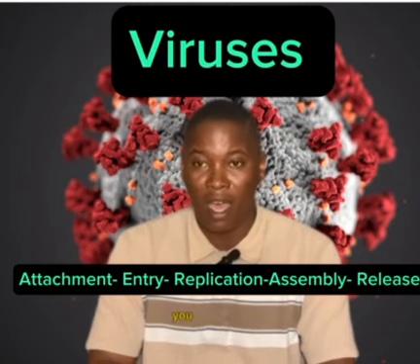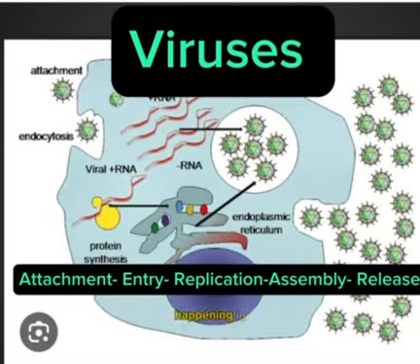Now, after entry, you have replication. What happens in replication? The viral DNA or viral RNA that has found its way into the living cell begins to take up all the genetic machinery that the living cell possesses and uses it to make replicas of itself.